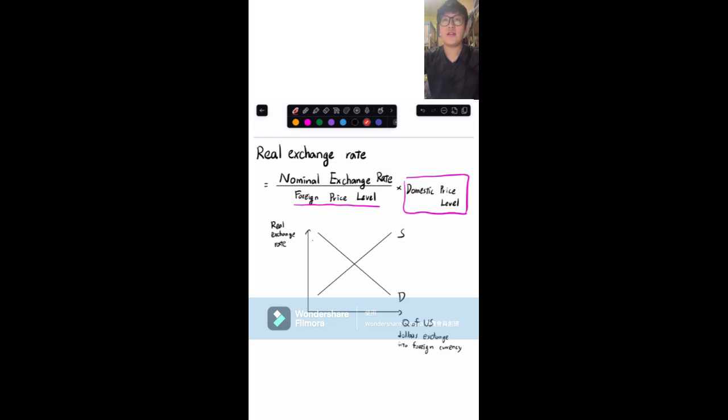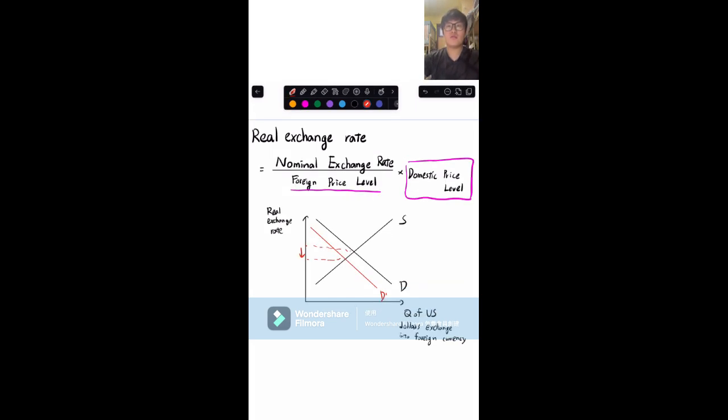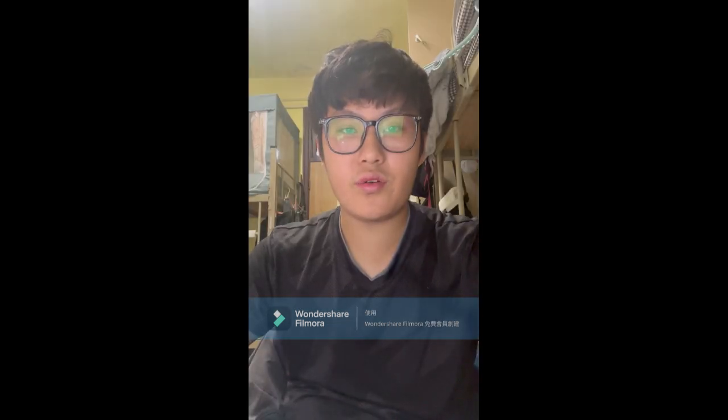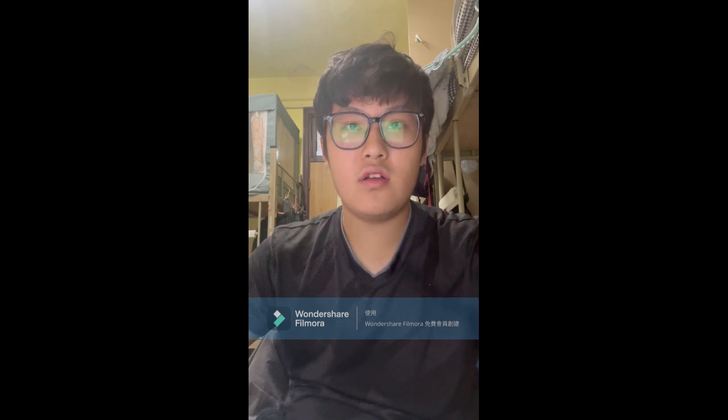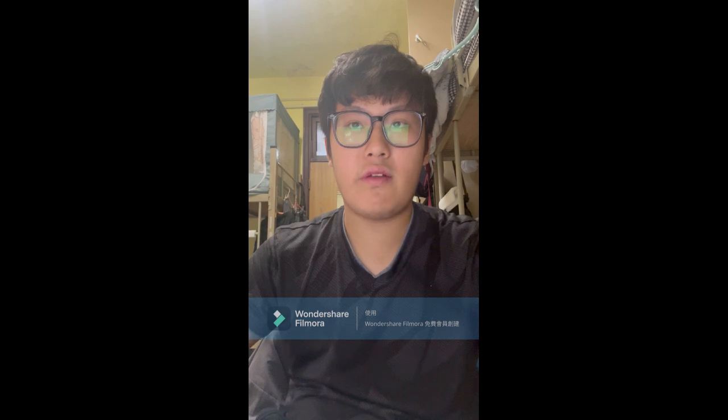This leads to a decline in the real exchange rate, making US goods cheaper abroad. On the graph, label the vertical axis as the real exchange rate and the horizontal axis as the quantity of US dollars exchanged.